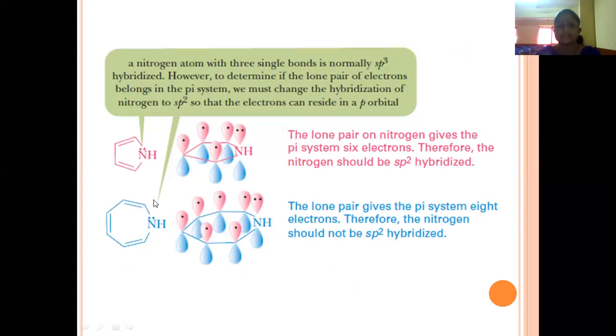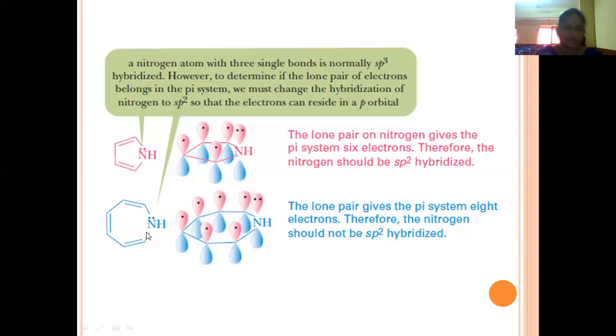Now second case, 7-membered ring compound. The lone pair gives the pi system and offers how many electrons? 8 electrons. Therefore, the nitrogen should not take part in the aromaticity of the compound. Now, this is also a similar case to pyridine and pyrimidine. In this also, the ring is 7-membered. Presence of nitrogen is also there.